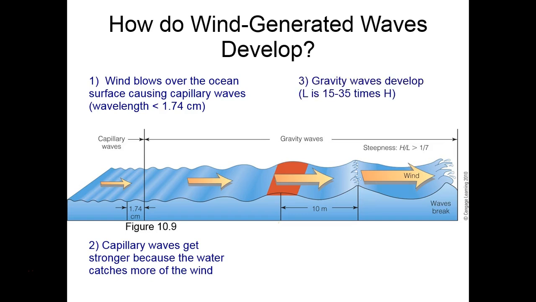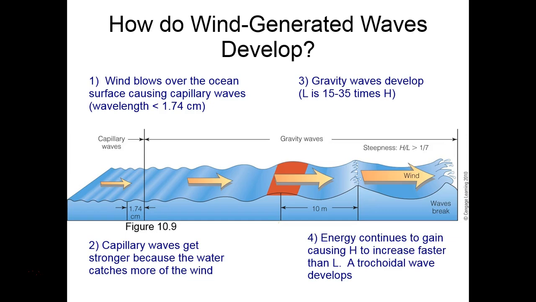Then as the wind continues, you have gravity waves that develop. The waves get larger, right? So now their wavelength is 15 to 35 times their height. That means that they are wide rolling waves. And finally, if the wind continues, the energy continues to gain, causing the height to increase faster than the length.